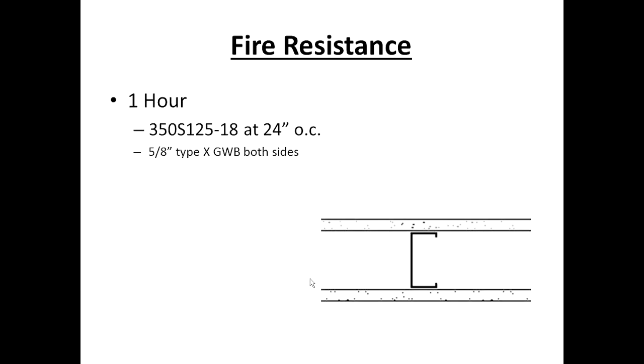Type X board is the next type of board that's available, and by definition it's a 1 hour board, which means, and I don't mean 1 hour by itself, when you take that 5/8 of an inch panel and install it on both sides of a stud, it will give you 1 hour protection, or 1 hour fire separation, or a 1 hour fire resistance rating. So that is by definition a Type X board.